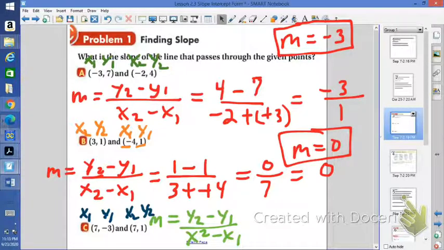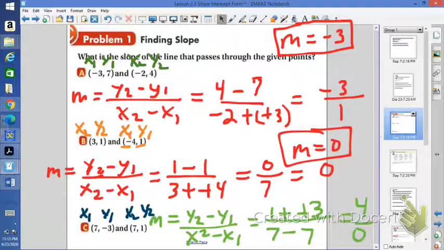Alright, go ahead and plug in. So my y sub 2 is 1 minus negative 3 all over my x sub 2, which is 7, minus 7. The double negatives become a positive, so 1 plus 3 is equal to 4. 7 minus 7 is 0.